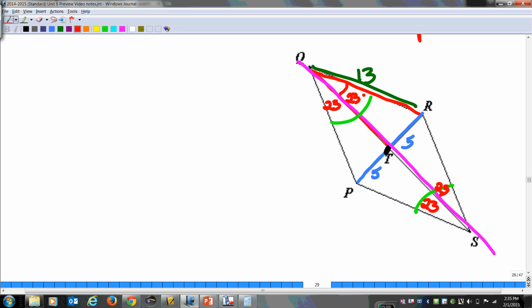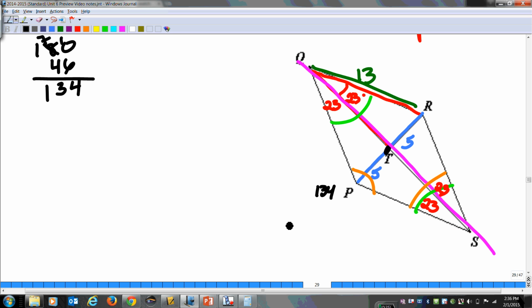We also know, because it's a parallelogram, that consecutive angles, angles that are next to each other, add up to 180. So 23 plus 23 is 46. We take that away from 180. You get 134. So this whole angle is 134.